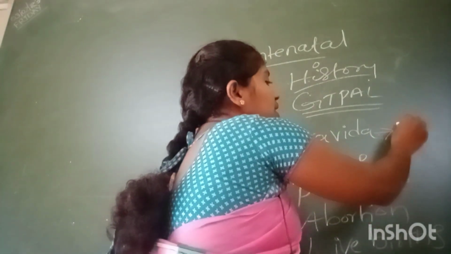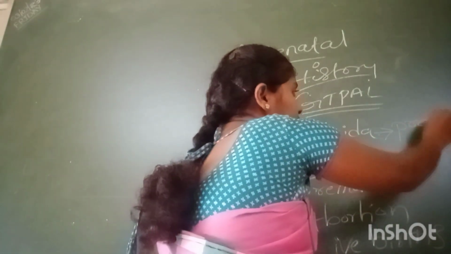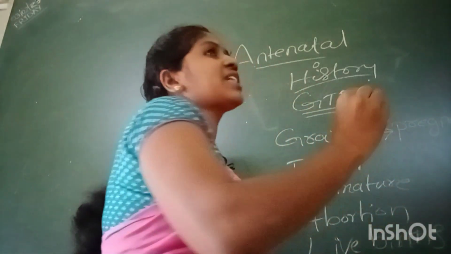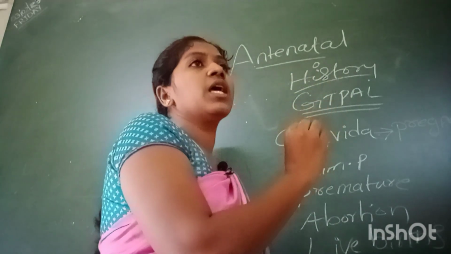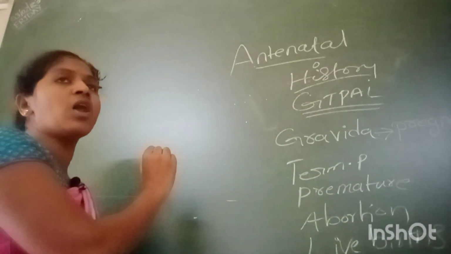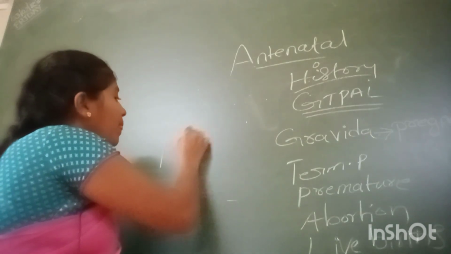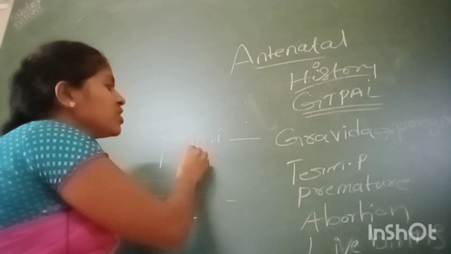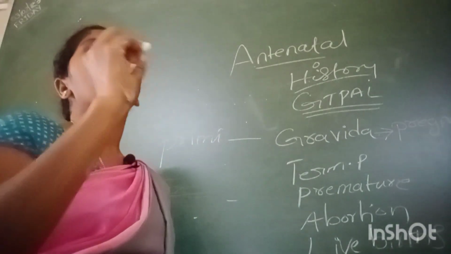Gravida means being pregnant. How many times she got pregnant, that is called gravida. Another terminology is primigravida. Primigravida means she conceived for the first time.